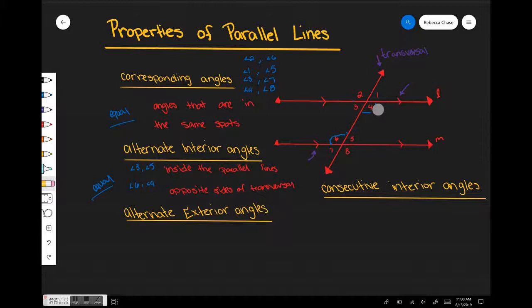All right, the next two, erase these blue lines. The next one is alternate exterior. Again, alternate means opposite, exterior means outside. So we are going to look at exterior, outside the parallel lines, but still opposite sides of the transversal.